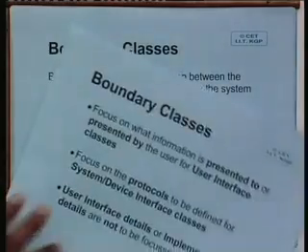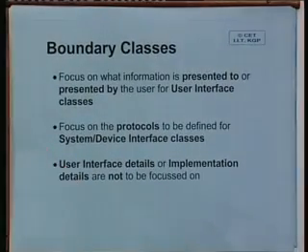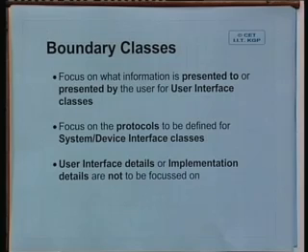Then focus on what information is presented to or by the user for the user interface classes. Essentially, for a user interface, the focus is on the information being presented to or from the user.